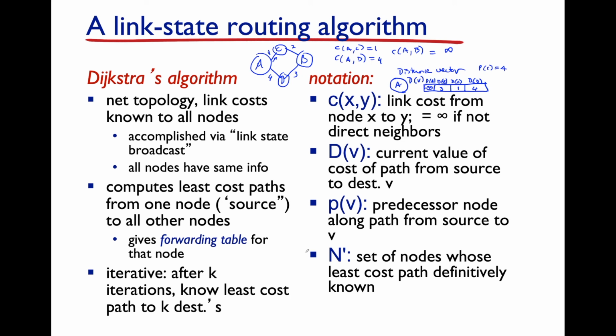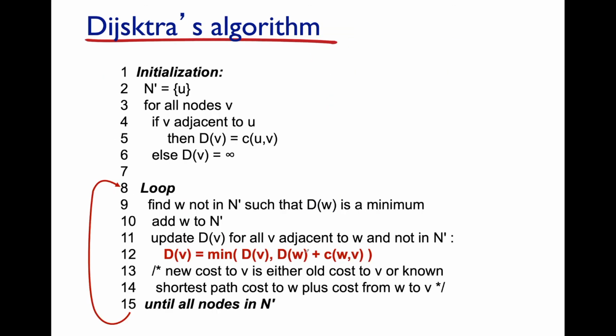Okay, so let's take a look at Dijkstra's algorithm. We start out with an initialization, and remember, this instance of Dijkstra's algorithm is running in node u. So we start out with N prime, our working set of least cost path nodes, as being the node that we're starting from, because essentially this is going to give you least cost path from this node to all other nodes in your network, all other routers.